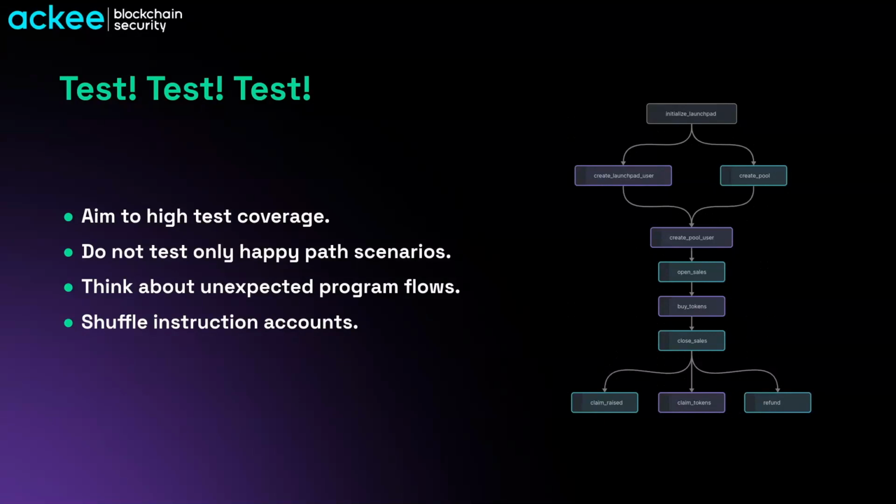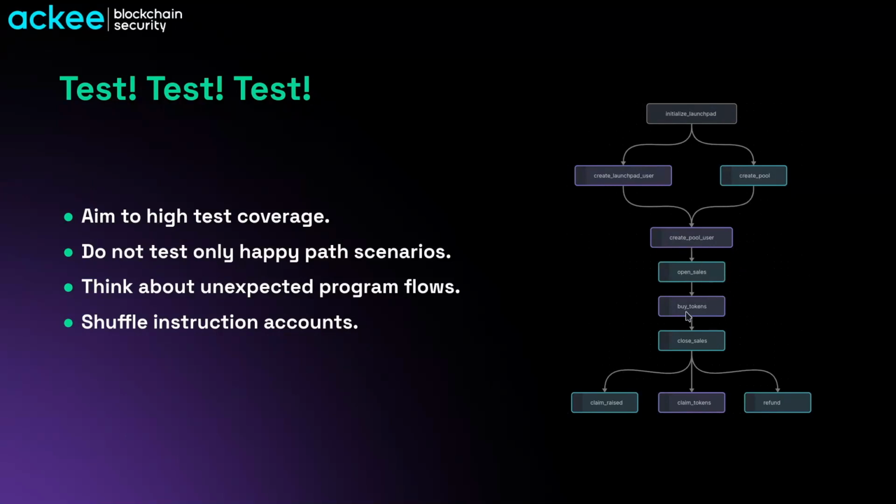So they basically verify that their program works as they would like it to work. Also, for example, we have here the simple ICO, initial coin offering, and some launchpad workflow. So the tests maybe cover this workflow, but they do not cover a case where the flow would be different.